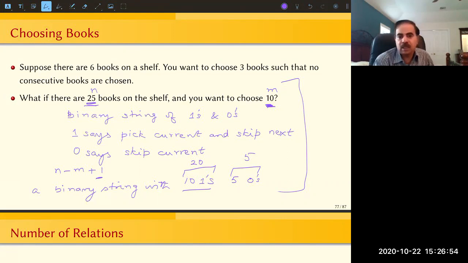Now, can you tell me what is the formula? So now that we have said it is a binary string with, in this case, 16 bits and 10 ones, what is the number of such numbers? A binary string of length 16 with 10 ones.